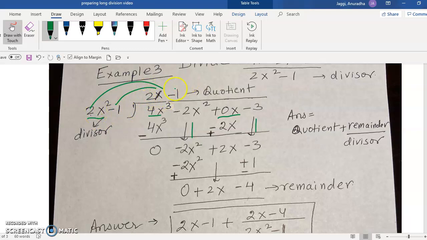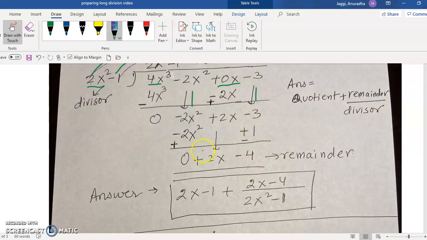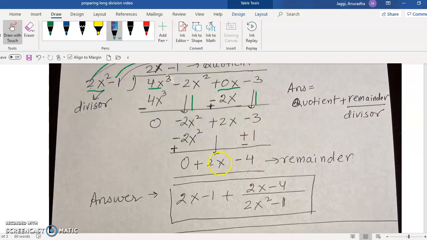And this negative 1 has to be multiplied once again with both 2x square and negative 1. Once you do that, you will get a negative 2x square here, and negative 1 times negative 1 becomes a positive 1. Again, change the signs and you will get your remainder.